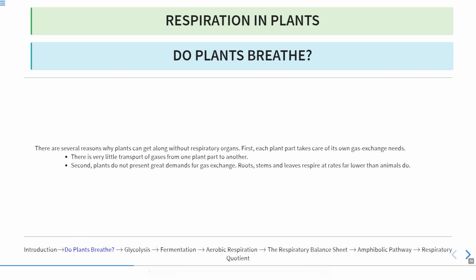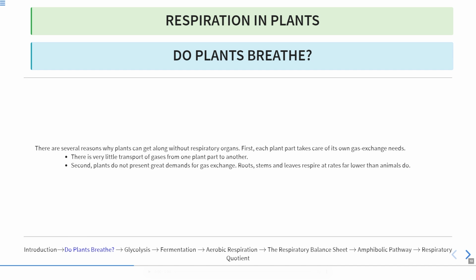There is very little transport of gases from one plant part to another. In animals, we have blood, and one of its components, the RBC, is very useful for transporting oxygen. But in plants, oxygen is not transported in that way. So there is very little transport of gases from one plant part to another.